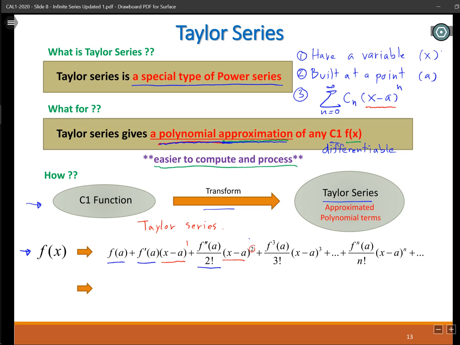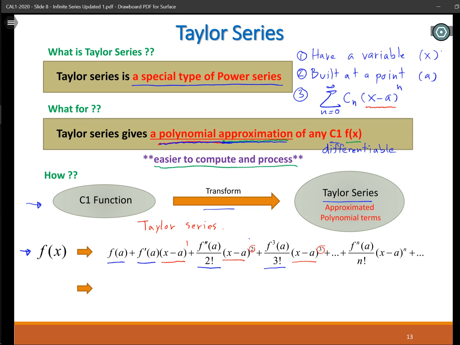Next we have this third derivative evaluated at a divided by 3 factorial, and then we have this polynomial term with the power of 3, and it keeps going and never ends to infinity. At this point, I think you should be able to notice the pattern of each term of this.